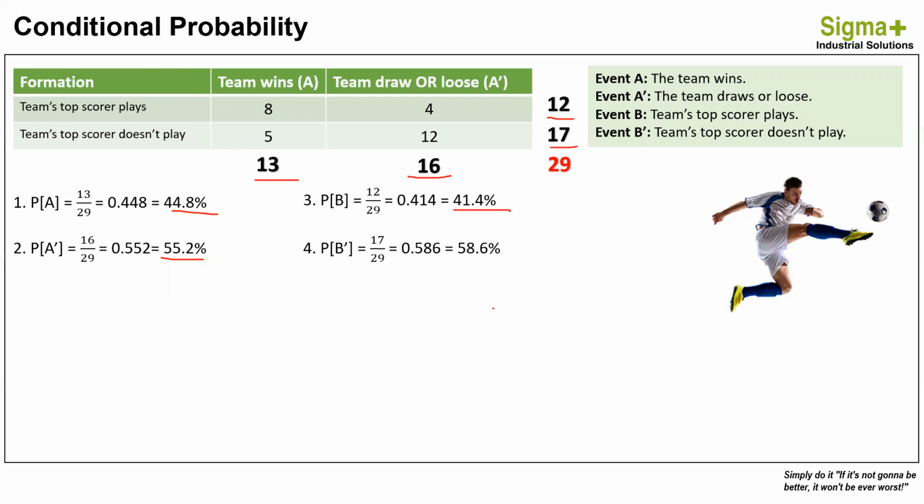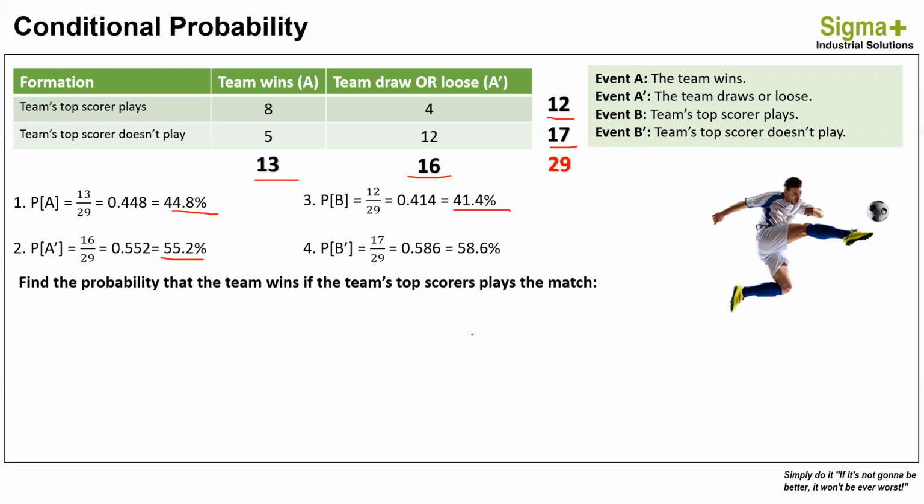So as you can see, the probability that the team's top scorer player will participate in the match is about 41.4%, and the complement is 58.6%.